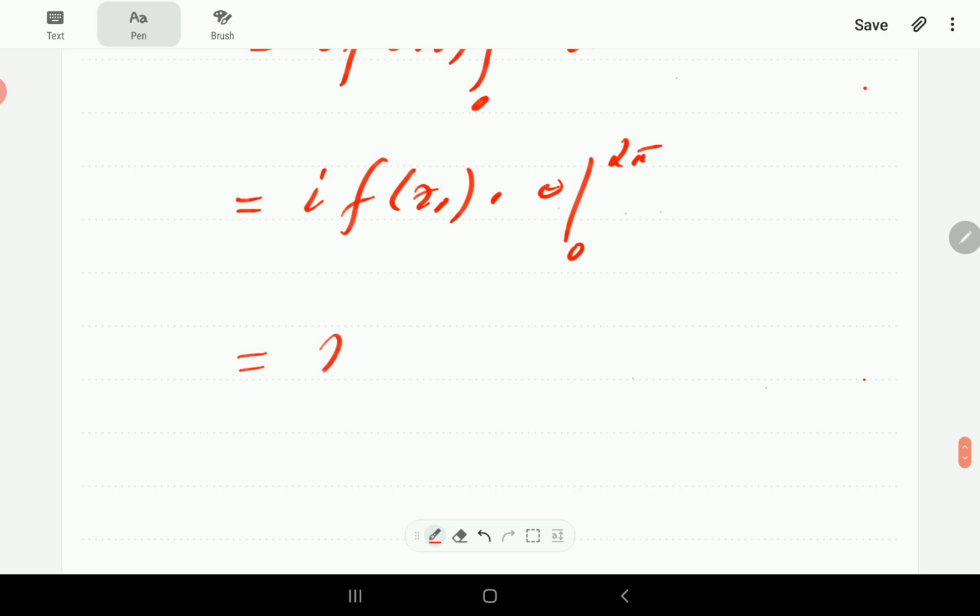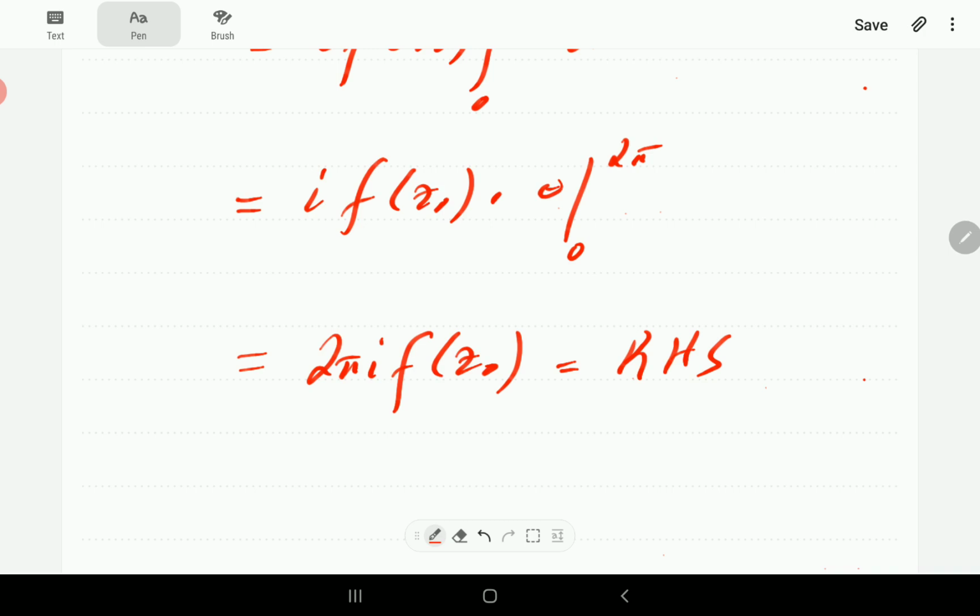When we do the substitution, this gives us 2 pi i times f of z0, which gives us the right hand side of the formula.